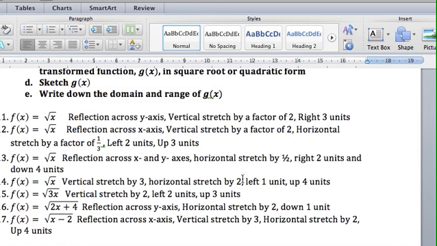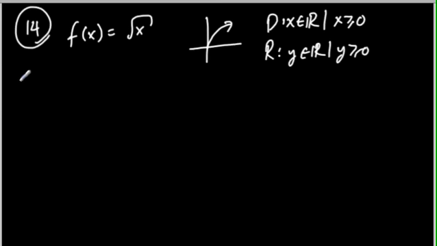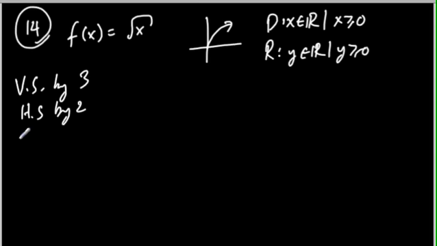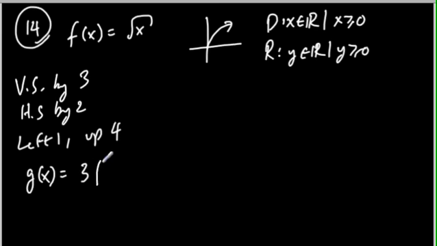Vertical stretch by 3, horizontal stretch by 2, left 1, up 4. I always forget this. Left 1, up 4. So what g of x basically looks like is a vertical stretch by 3, so it's 3 of f.